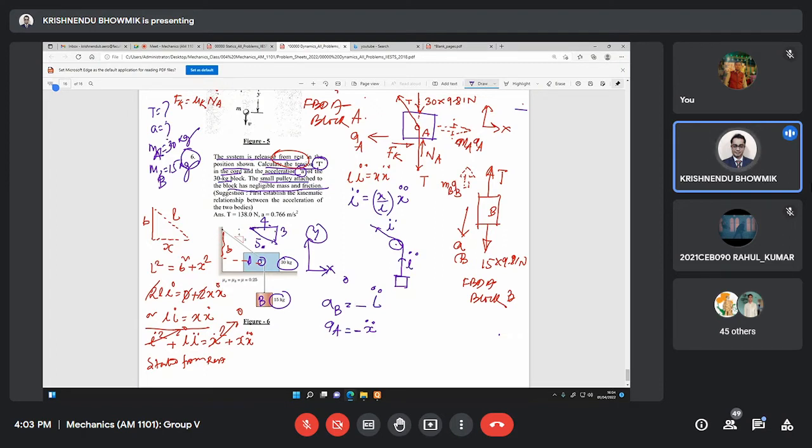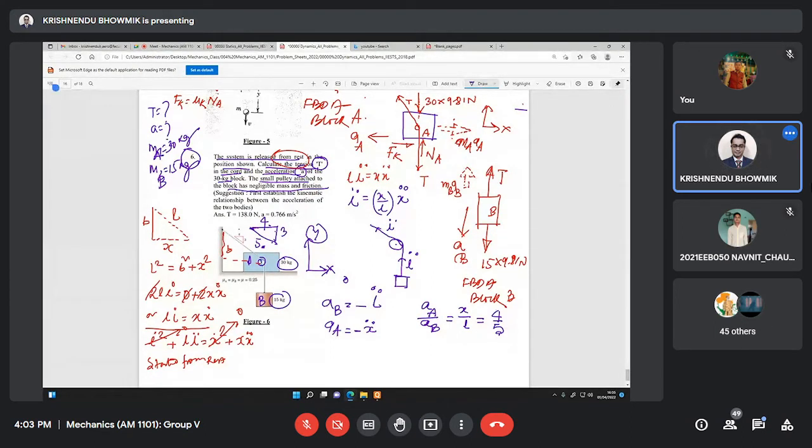That means I mean to say that AA by AB, ratio wise we can write x by L, equal to 4 by 5. Right. That constant expression will be valid here.